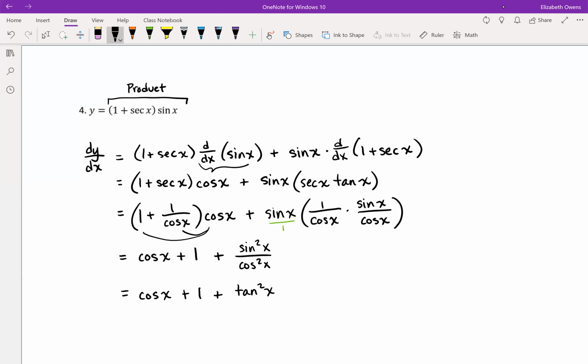But remember back from trig, tangent squared and 1 actually come together into a Pythagorean identity as well. This one's not quite as common as your sine squared plus cosine squared, but it's still Pythagorean.